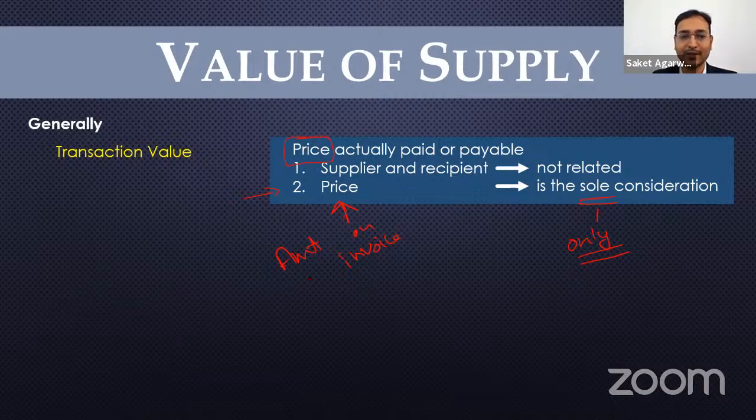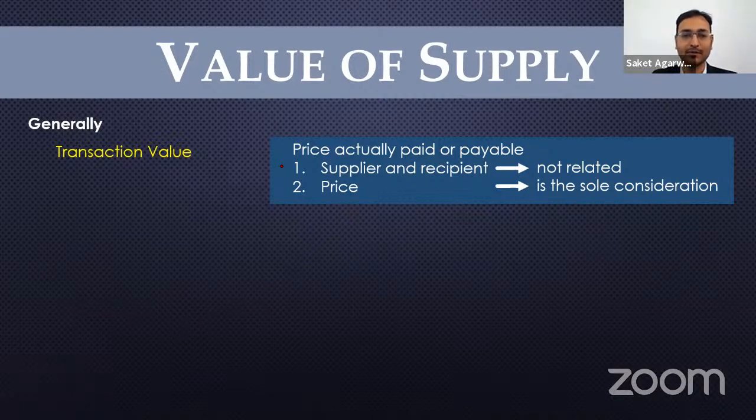What is the price? Price is the amount mentioned on the invoice. We can't go for that. We have to include the value of the phone also before charging GST. So price, the amount mentioned on the invoice, is not the correct taxable value because one of the conditions mentioned here is not fulfilled.